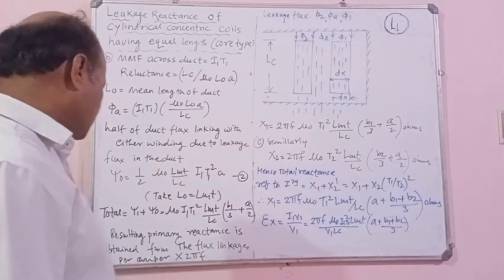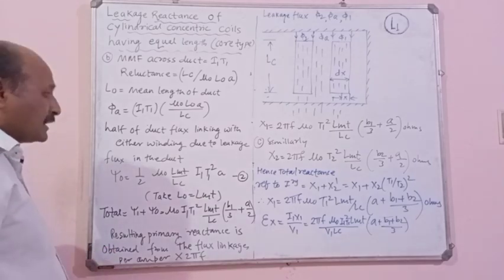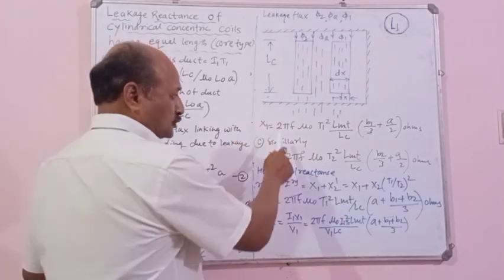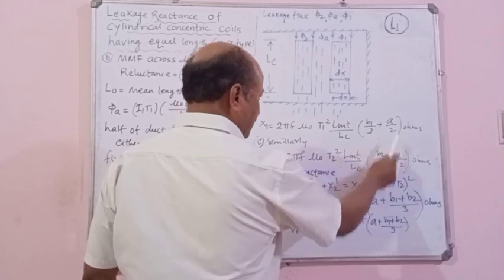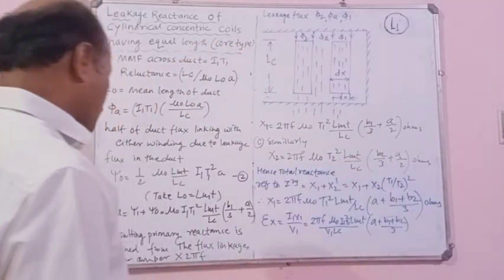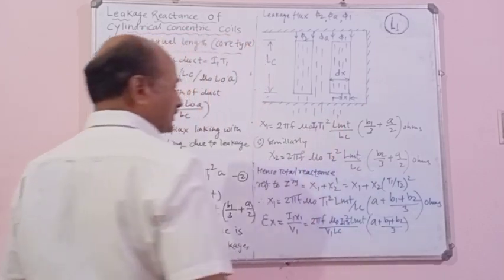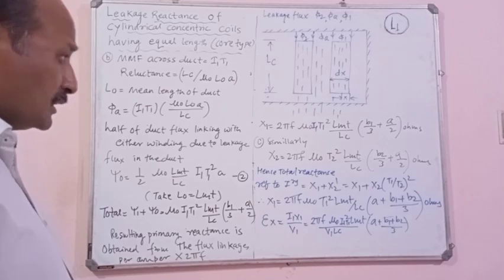So x1 equals the resultant linkage multiplied by 2 pi f, that is the reactance. So 2 pi f mu 0 T1 square LMT by LC into B1 by 3 plus A by 2 ohms.